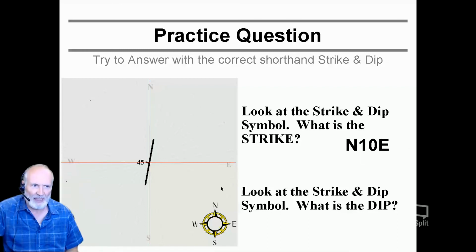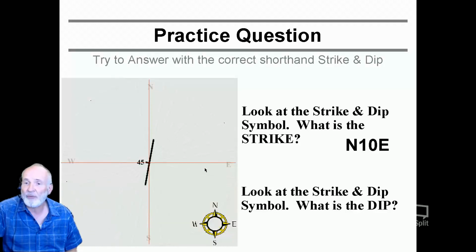Okay, answer. 10 degrees off from the northern designation, into the northeastern quadrant, so N10E would be the strike direction. My dip direction, 45 degrees, into which quadrant? Into the northwest quadrant.